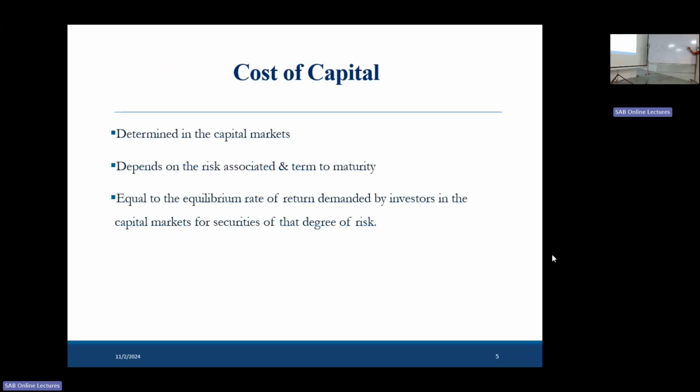Your required rate of return for the equity investment should definitely be greater than the required rate of return for the bonds or debentures. Because if my company goes bankrupt, as an equity shareholder you are a residual owner.